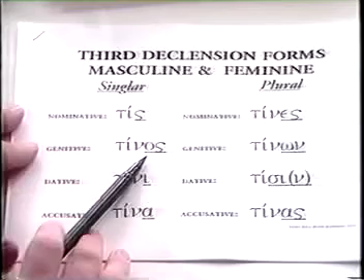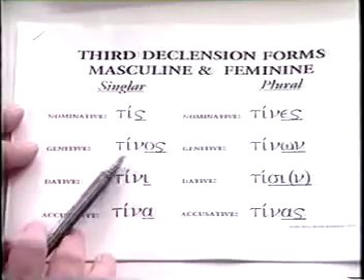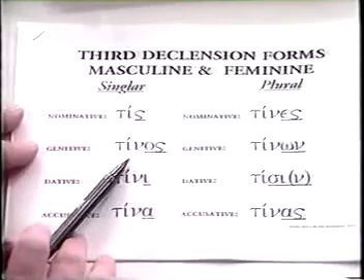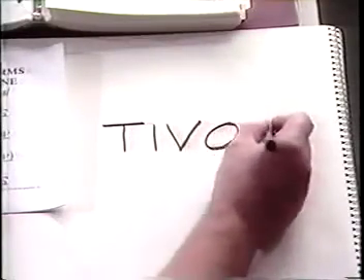So if we went to the genitive form of this word, which is tinos, and if we remove that singular genitive ending, then what we are left with is the stem tin. Now one might ask, then how do you get the ending, the nominative ending tis? Well, let me write down the genitive here, tinos.